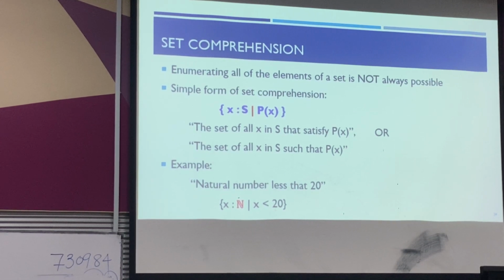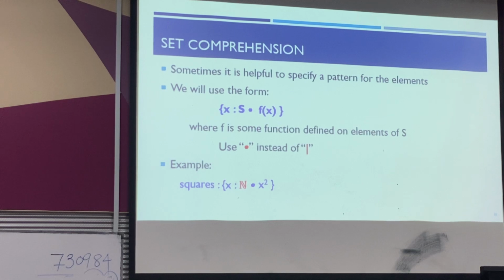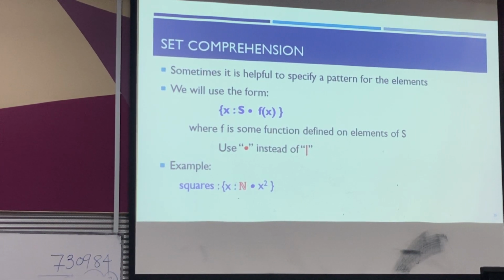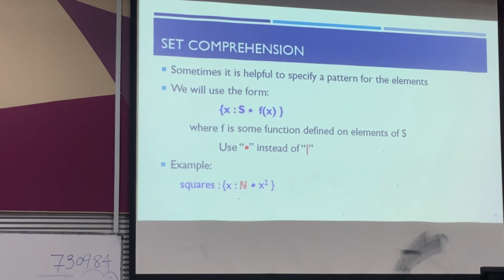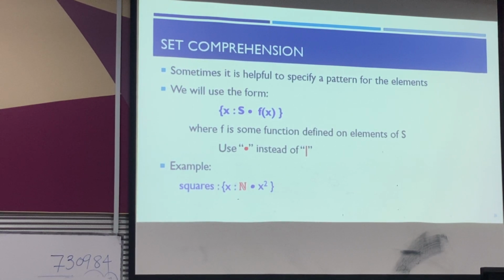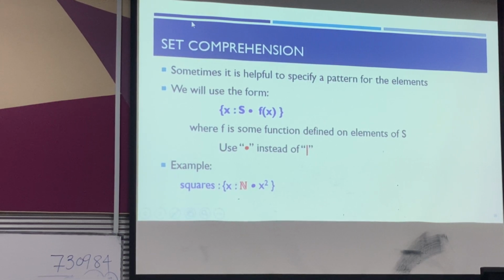That one is a constraint or condition. You may also have a scenario, also a simple form, but you don't have a condition like x less than 20 just now. You just want to show what you are going to do with x. So it's a function operation.